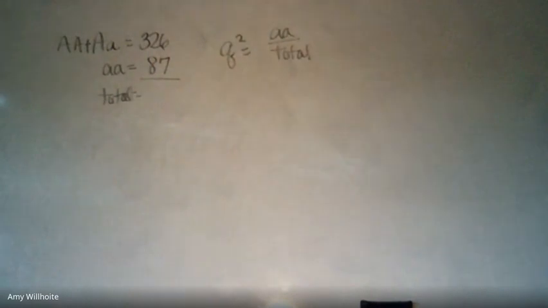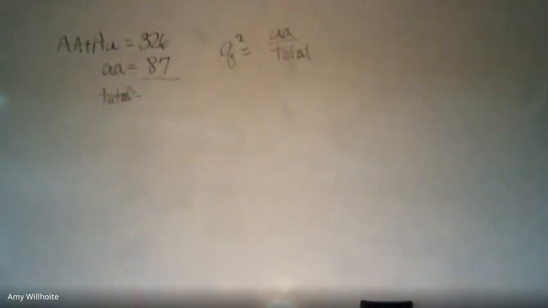Okay. Let's see what they actually want us to do with this. They're saying 187 are homozygous dominant. So which variable is homozygous dominant? P squared. So they're saying 187 should match your P squared frequency. Does it?